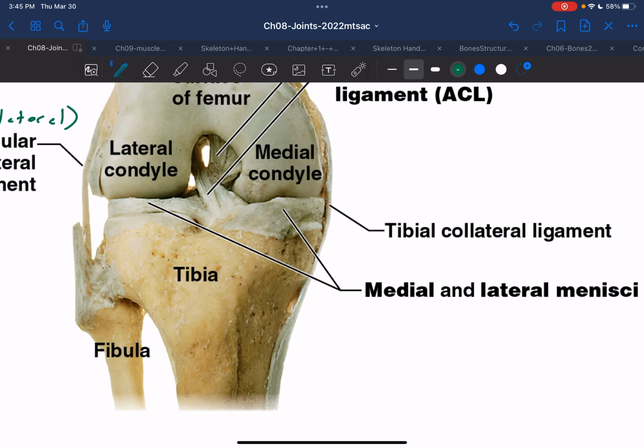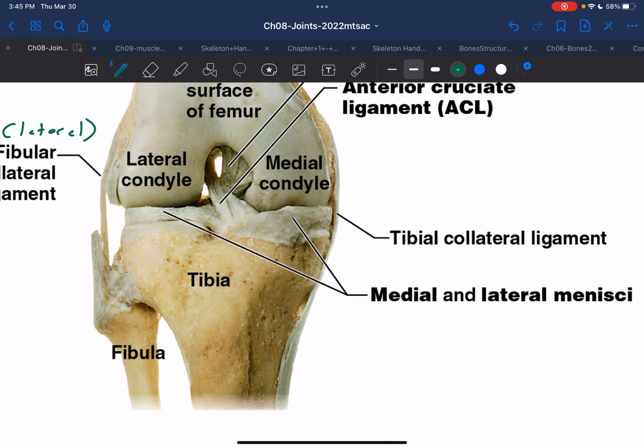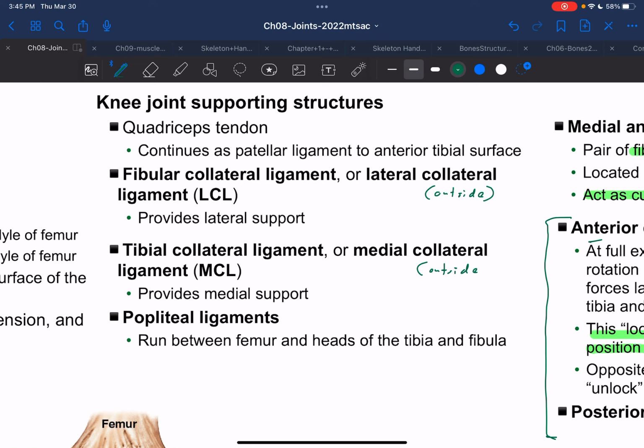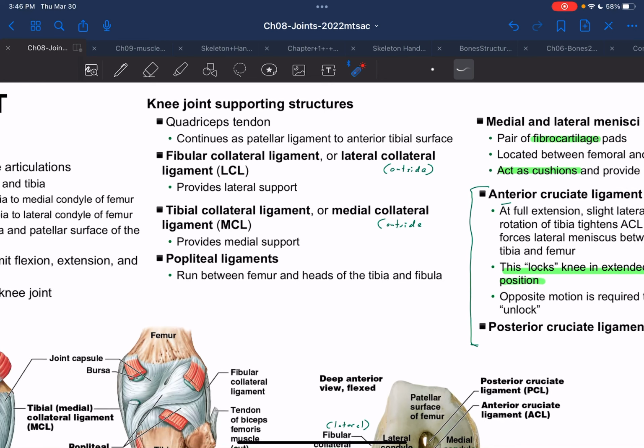And then we know that the tibia is going to be on the medial side, so this is interchangeable with medial. Sometimes you'll see both, and both are important to learn because you will see both. And just as simply, their functions are exactly what the word tells you. It provides stability on the lateral side. This one provides stability on the medial side. Nothing more to learn there.